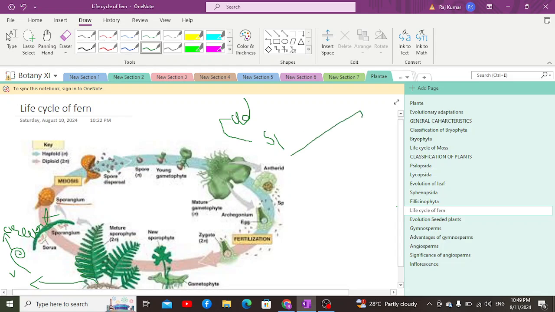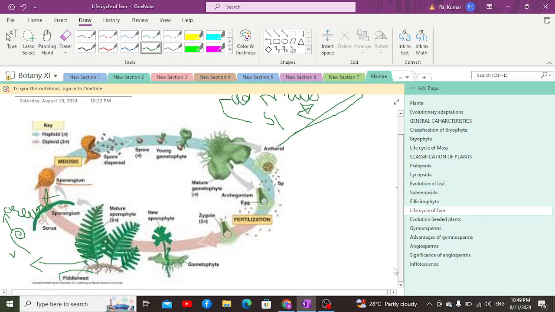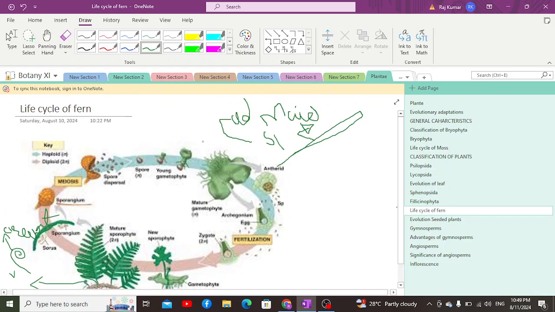The rachis is quite shiny, due to which we call Adiantum the maiden hair fern, because maiden hair is quite shiny. We are basically discussing the Adiantum life cycle.